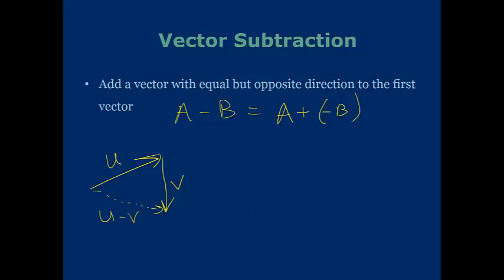Pretty straightforward, right? What if they were pointing in very different directions, though? Where would the subtracted vector go? Well, right down the middle. So it would be something like this. Bear this in mind when you're manipulating vectors. You need to know whether or not you need to add them or subtract them.